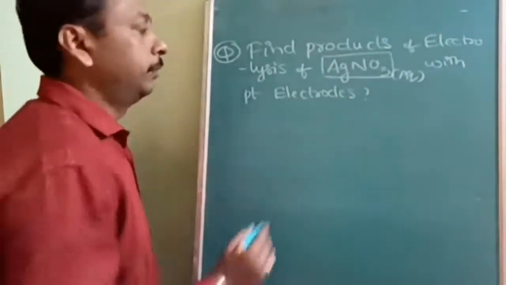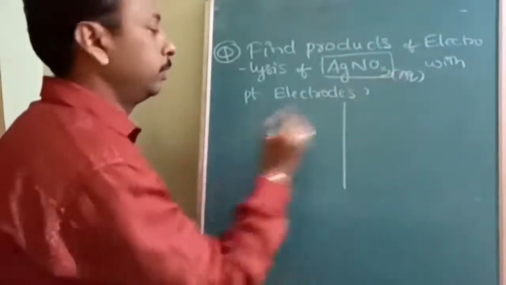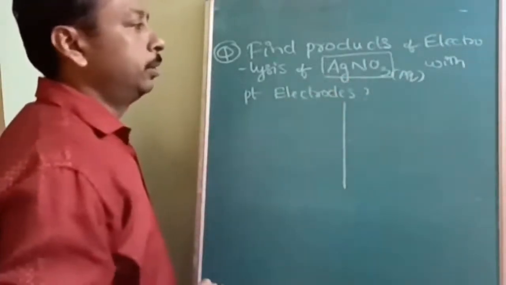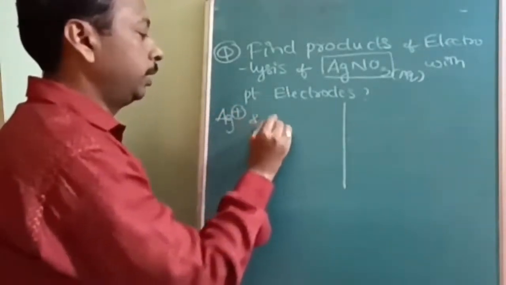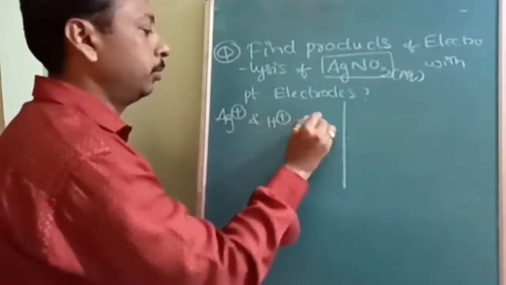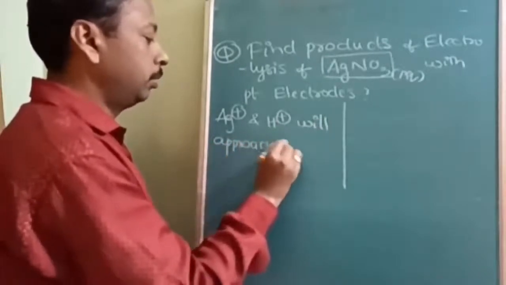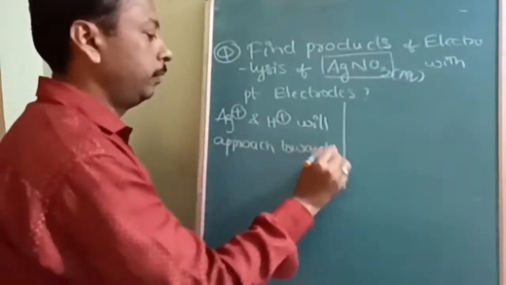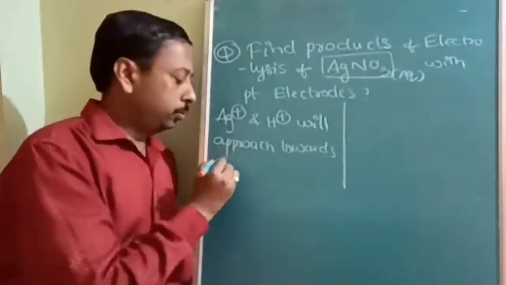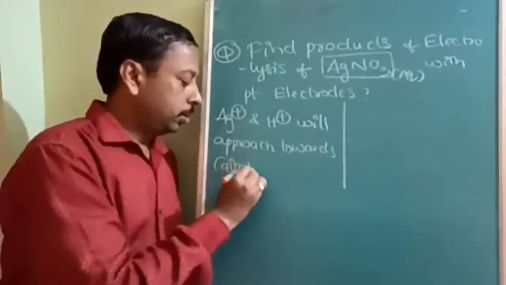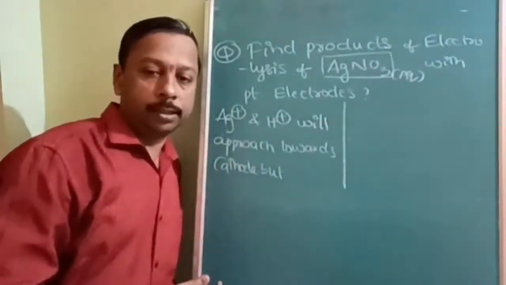Okay, see here. First of all, you have to separate into the ions. In aqueous medium, there are two cations and two anions. Ag plus and H plus will approach the cathode, since cations approach the cathode. But which is easier to discharge, silver or H plus?